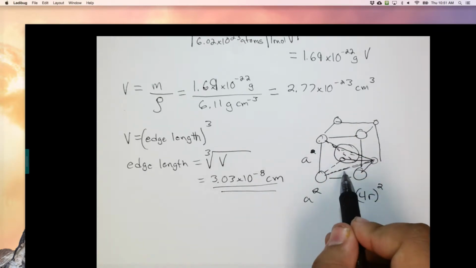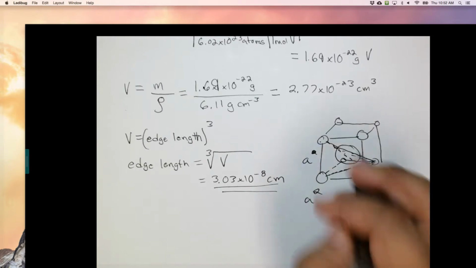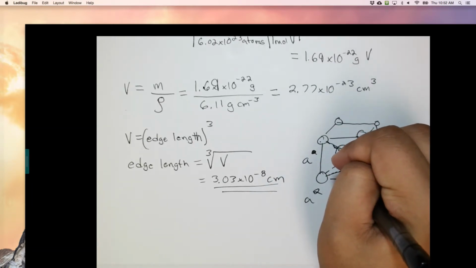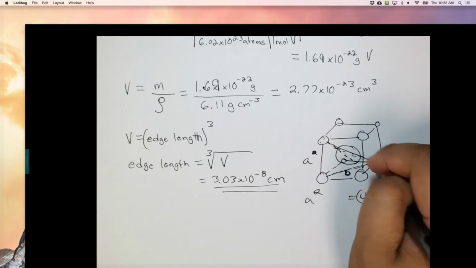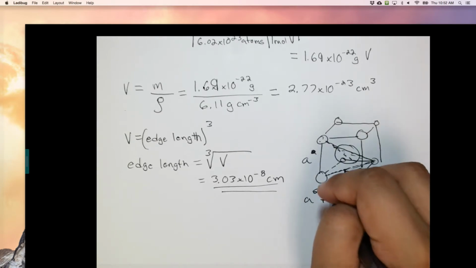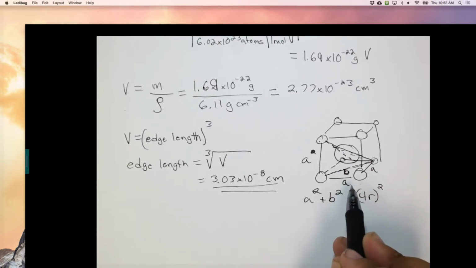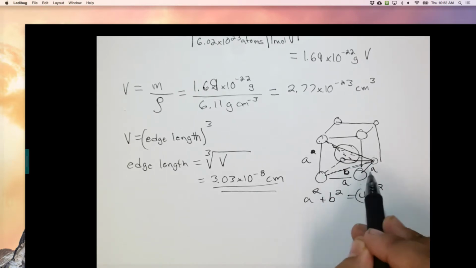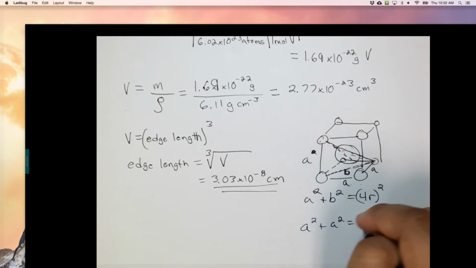This value is important to us because it will give us the radius, and we're going to call it B. To get B, we're going to use A and A. So A squared plus B squared is equal to the value that we're looking for. But we can't get that until we get the value of B, and we do that from A squared plus A squared equals B squared.